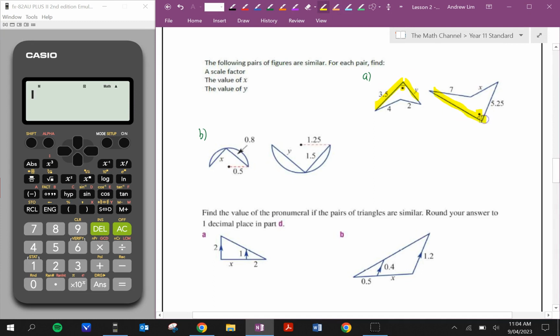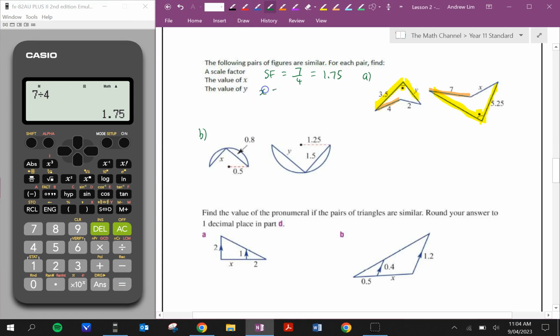It seems like this 4 is connected to the longer side, this 7 is connected to the longer side. So we can use that to work out our scale factor. The scale factor is equal to 7 over 4, right? The bigger over the smaller corresponding side. 7 divided by 4 is 1.75. So that's our scale factor.